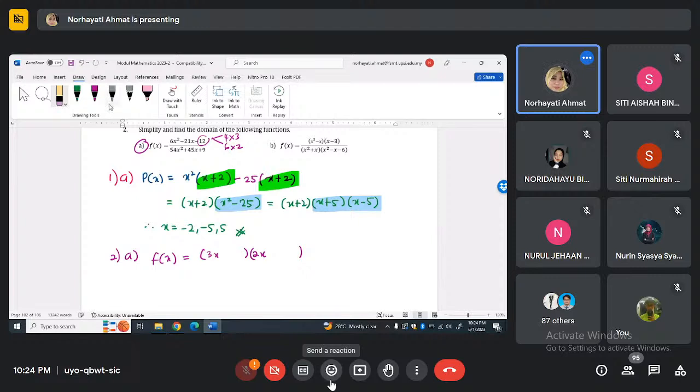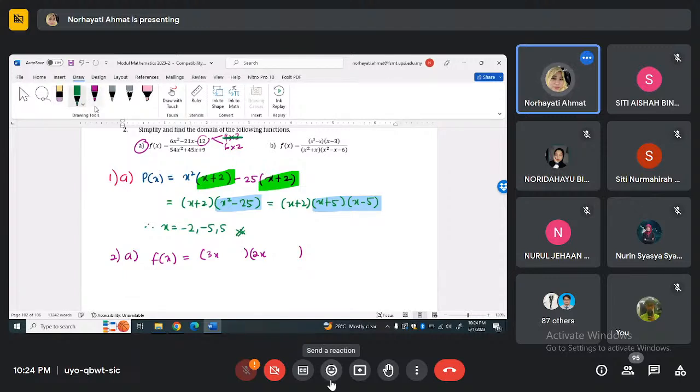Kita swap 3 and 4. Okay, 12 plus 6 is 18. Tak boleh juga. Okay, so these are not the option.